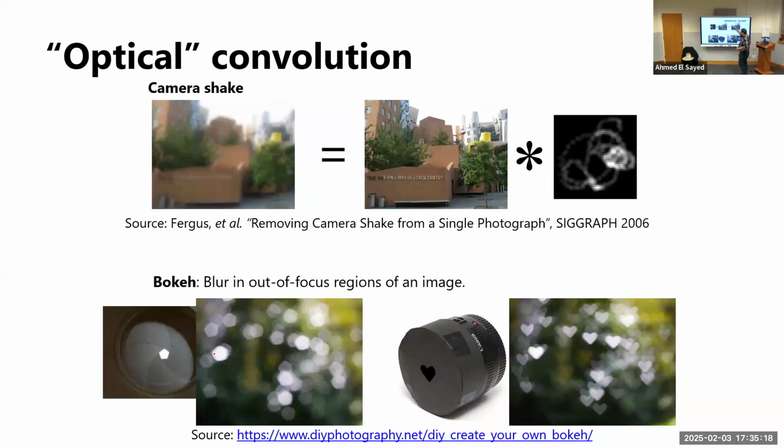Then I can remove it from the image. So this is the shaky version. And after processing, we found that this is the filter that caused the shaking. So if we convolve this with this, we can have a shaky version. So we can reproduce the same effect for any given image or any given video later.